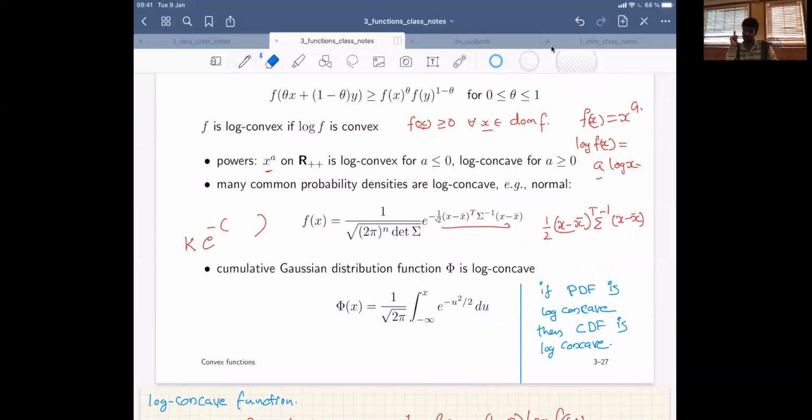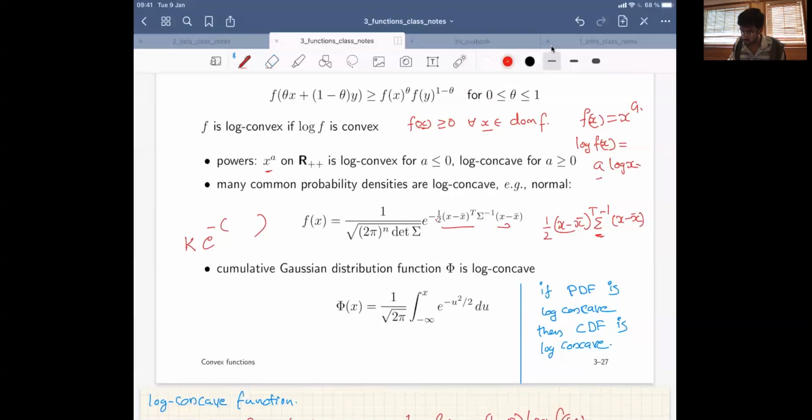Here sigma is a covariance matrix, and this will be the inverse of that. Covariance matrices are positive semi-definite. Let's not complicate it. Let's say that this is positive definite, its inverse exists, and in that case this is called a well-conditioned matrix.